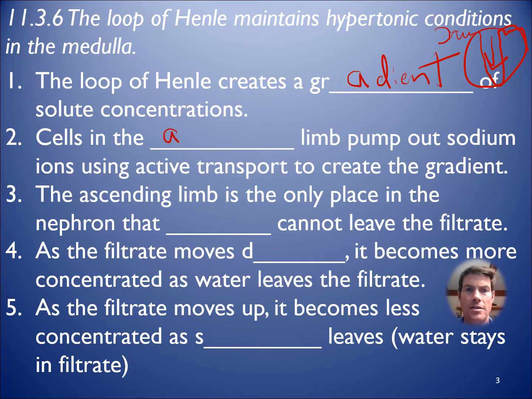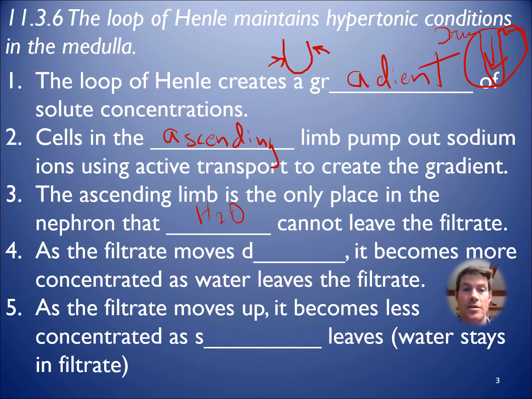And cells in the ascending limb, so the loop of Henle is like this. This is the descending limb. This is the ascending limb. And this ascending limb here is the only place where water cannot leave the filtrate. It's impermeable to water.